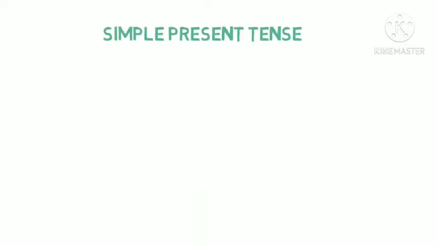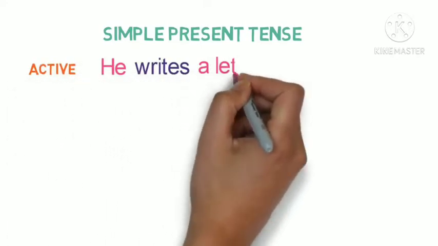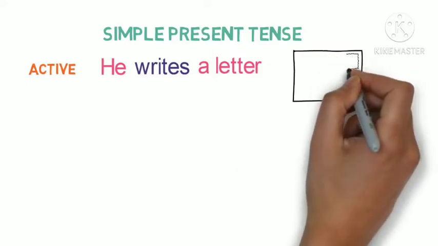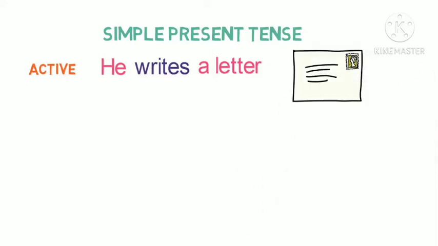At first, simple present tense. In active voice, let's look at an example. He writes a letter. We already discussed the 5 steps. The first one, identify subject, verb and object. So from the given sentence, we should identify the subject, verb, object.